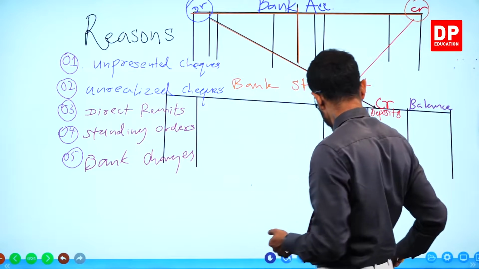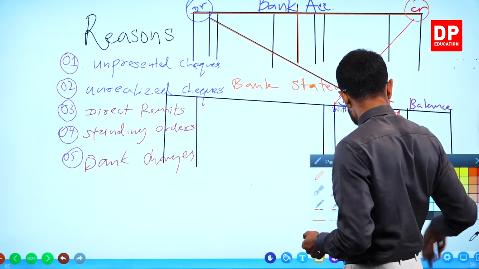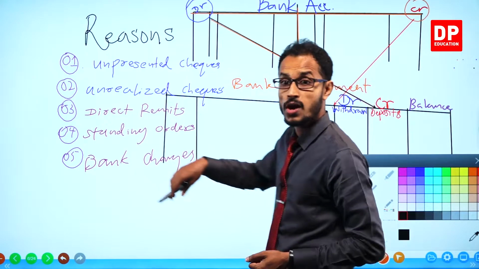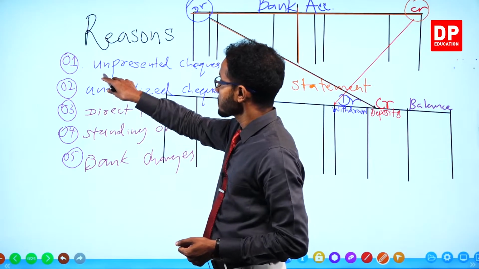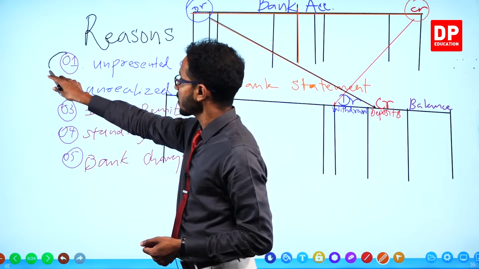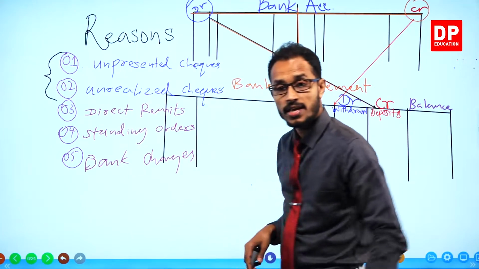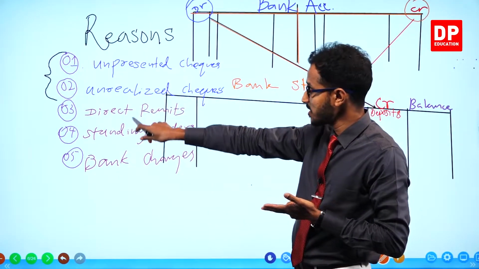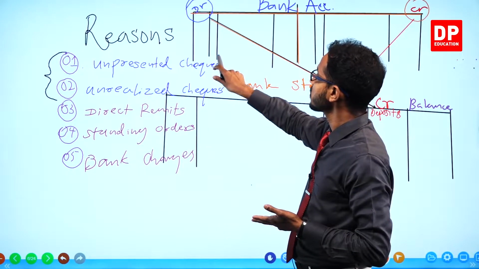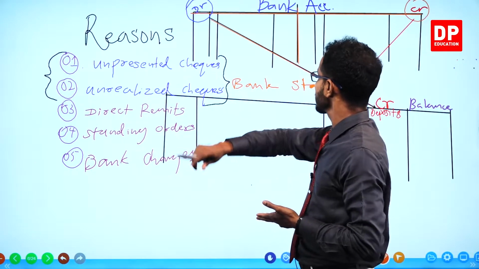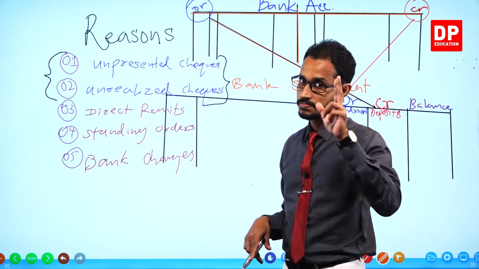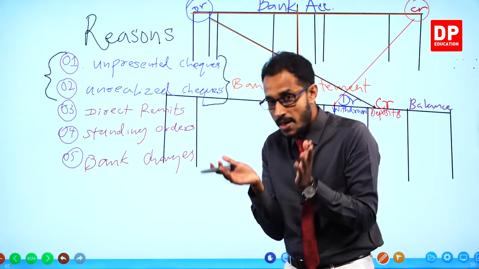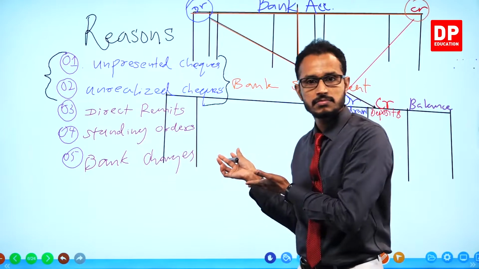Children, these 2 reasons, the ones in blue color, unpresented and unrealized checks, these reasons are existing here in the bank account; I mean, in the bank statement, they are missing.